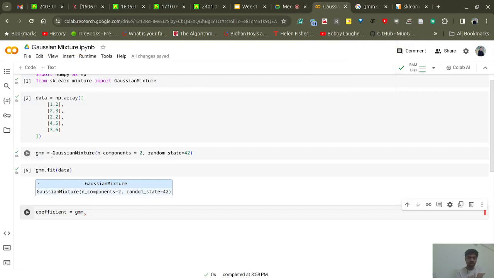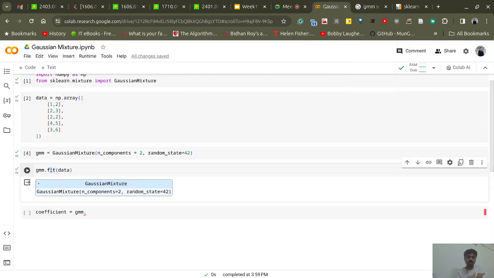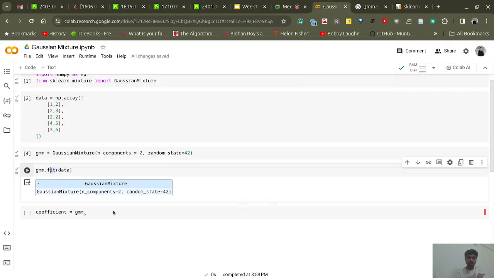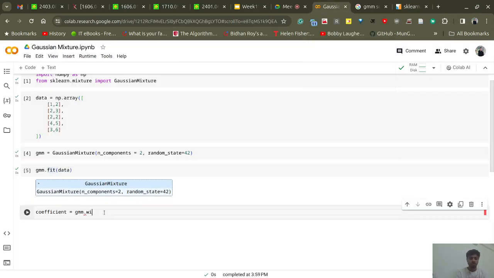We have initialized the GMM here and fitted the data, and after fitting, if we go to the value weights_, then we'll get the coefficient. So gmm.weights_, and then print.